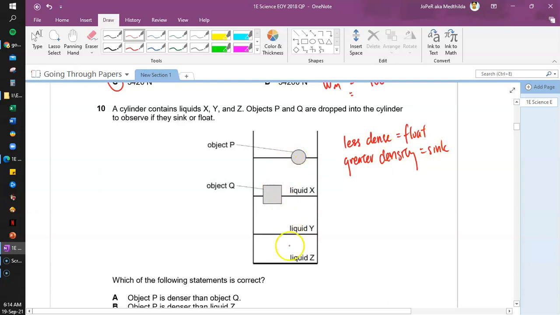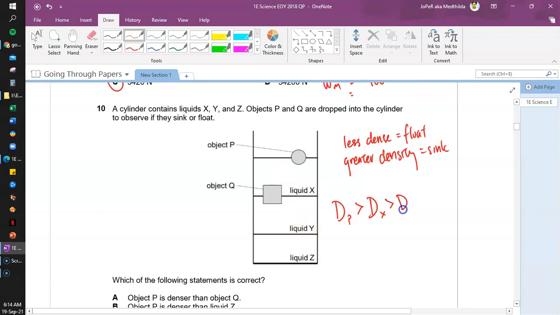Now, if I look at all this, you can see object P floats on liquid Z. So the density of P must be less than the density of liquid X. You can see object Q has sunk in liquid X but floats on liquid Y.